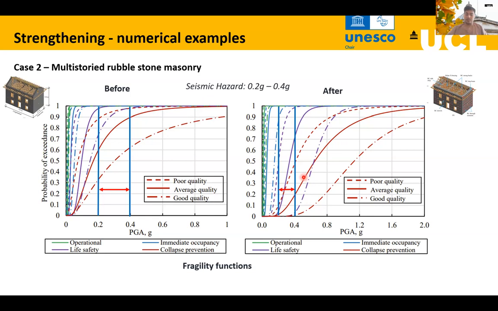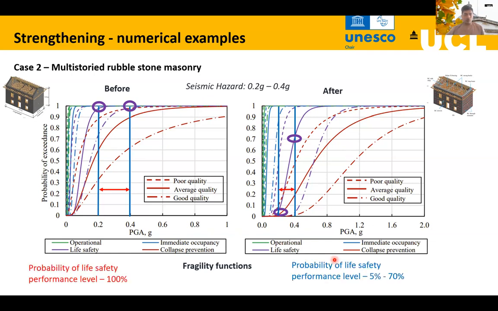So there is a huge range of probability within that small PGA range. So up to the highest level of PGA range, let's say 0.4, we cannot confirm it performs within life safety.